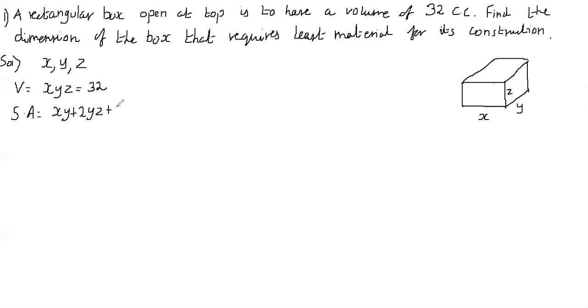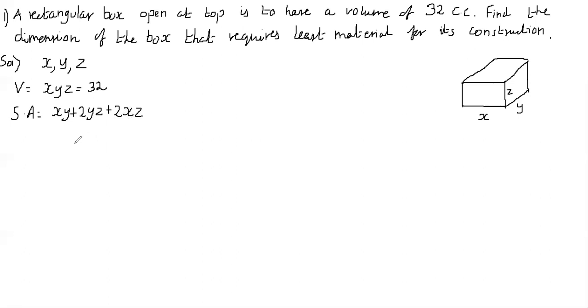Similarly, in the front and back it will be xz, so that is 2xz. So this is the surface area: xy for the bottom, 2yz for the right side and left side, and 2xz for the front side and back side.